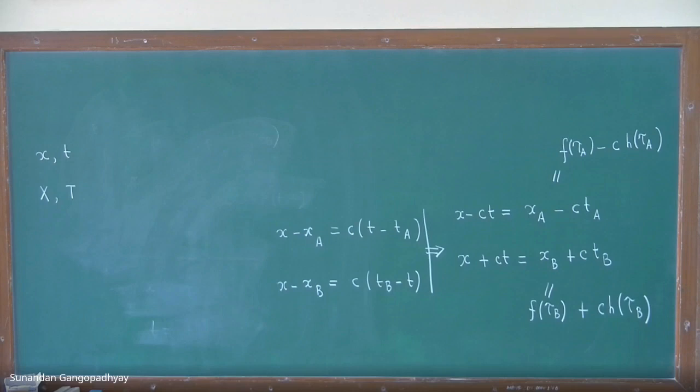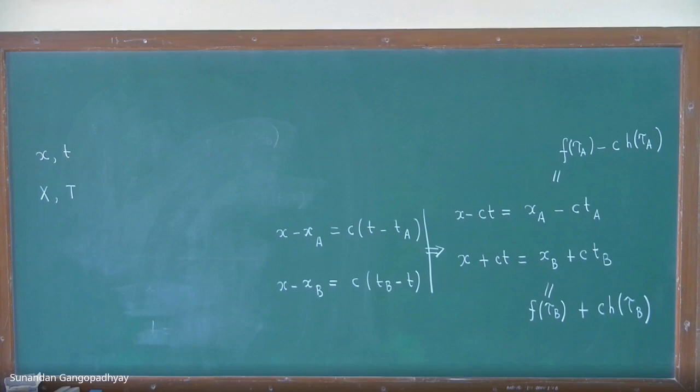Now the thing is that if you remember your special theory of relativity, and I call this frame S, in special theory of relativity you have another frame S prime, which is moving with uniform velocity with respect to the frame S. Here you can consider that this is your frame, but this is not an inertial frame. This is obviously a non-inertial frame because this is an arbitrary trajectory.